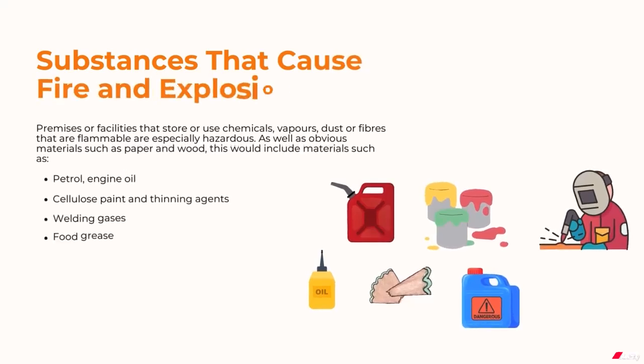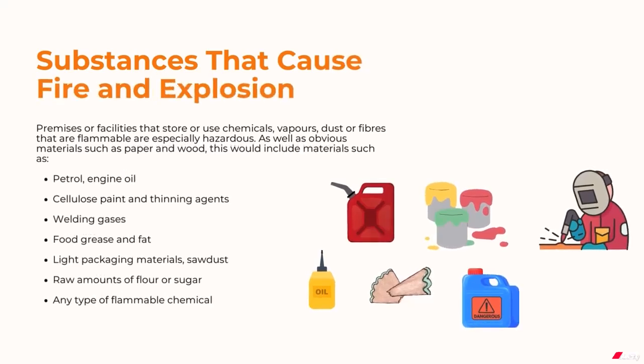Substances that cause fire and explosion. Premises or facilities that store or use chemicals, vapors, dust, or fibers that are flammable are especially hazardous, as well as obvious materials such as paper and wood.